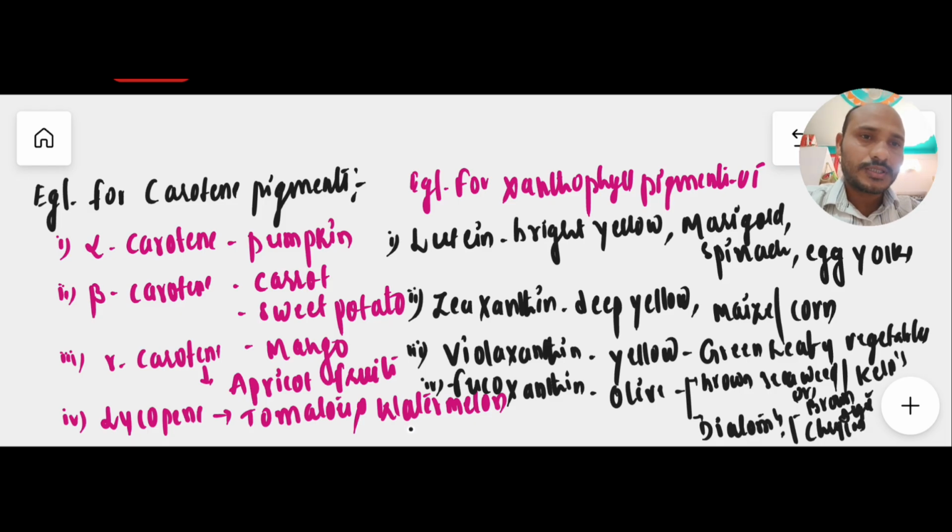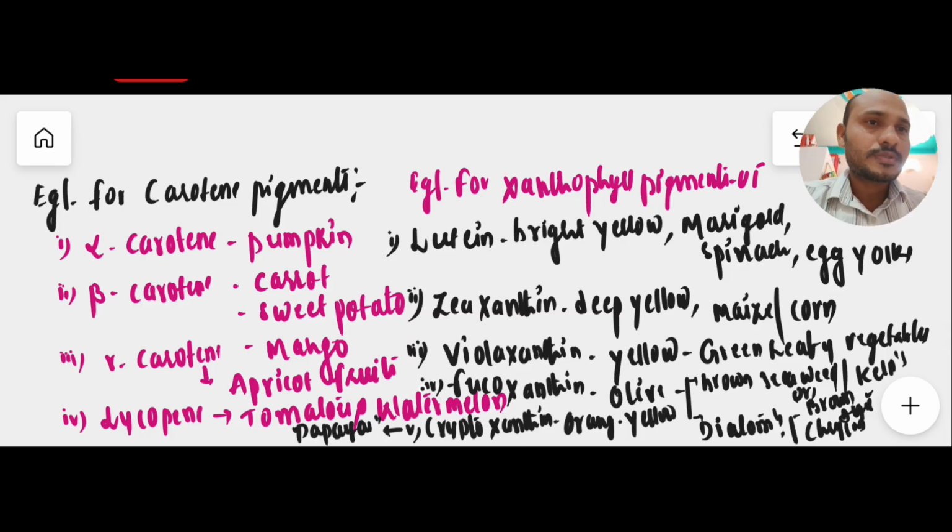And the last and most important example for xanthophyll pigment, that is cryptoxanthin. The color of this cryptoxanthin is orange to yellow. This cryptoxanthin pigment is generally found in papayas.